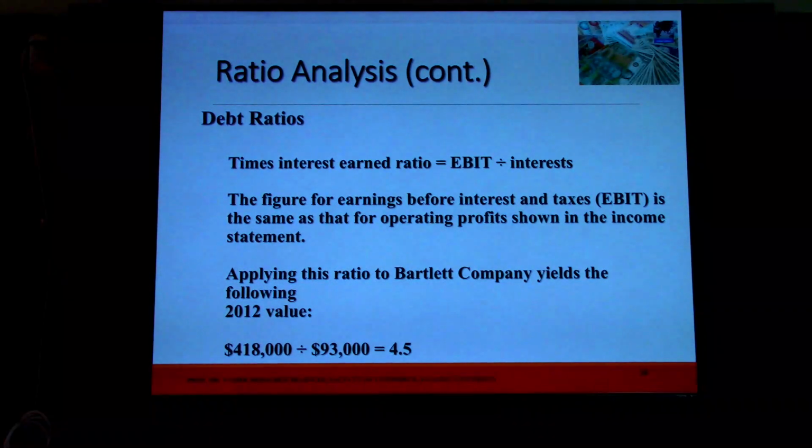The times interest earned ratio is equal to EBIT, earnings before interest and taxes, divided by interest. In this example, the EBIT is 418,000, divided by the amount of interest, 93,000. It is equal to 4.5.